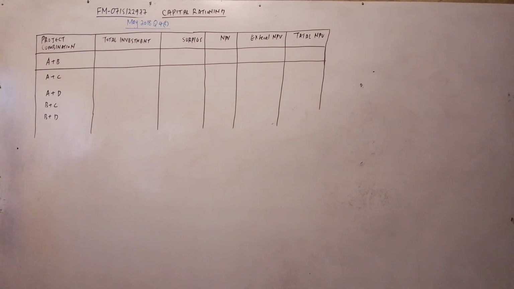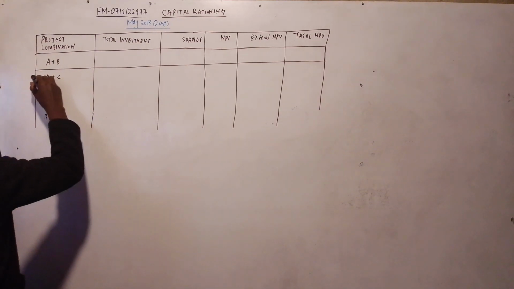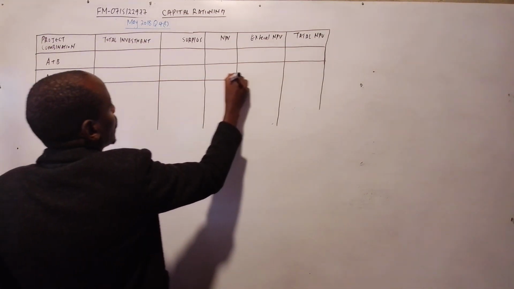So A plus B, A plus C, A plus D, B plus C. I think in these two, there is no other combination because A B, A C, A D, B C, hakuna ingine. So those are the possible combinations that we can have. So once you have located the possible combinations, we can start doing the workings.